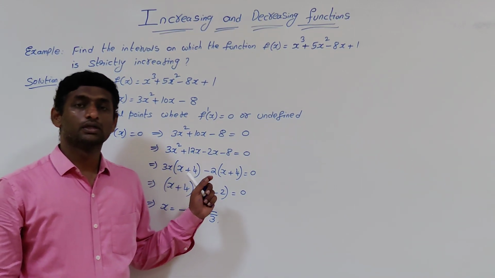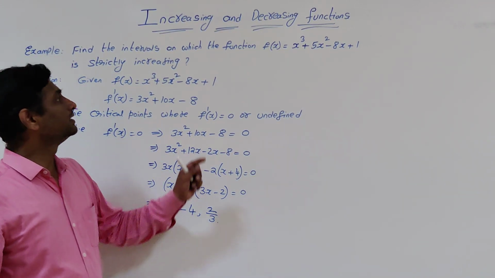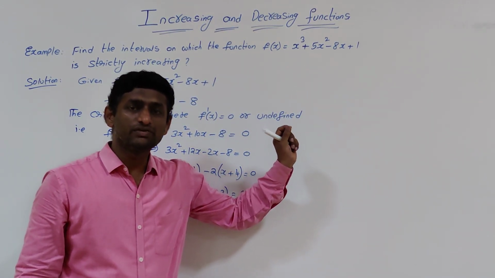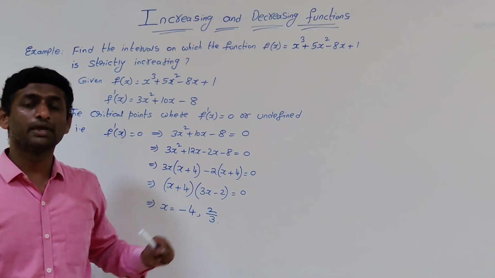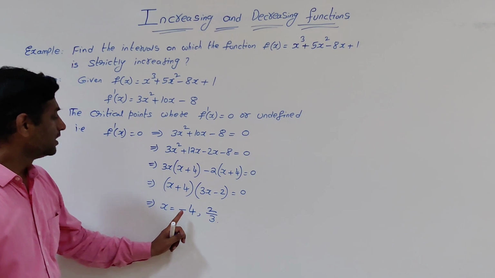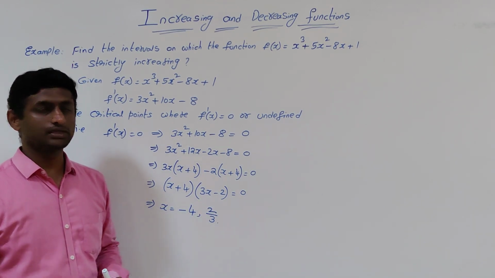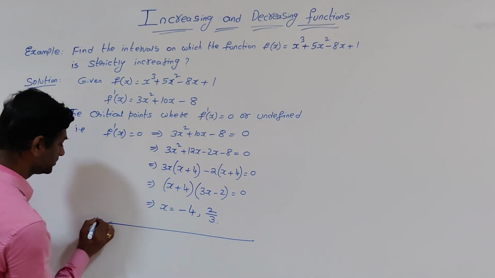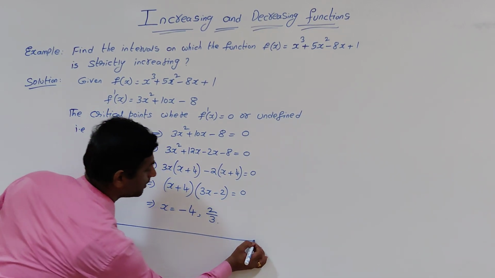So the total domain, that is R, minus infinity to infinity, is divided into sub-intervals based on the critical points. The critical points we got are minus 4 and 2 by 3. So draw a line like this, from minus infinity to plus infinity.